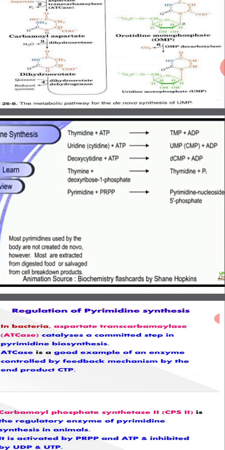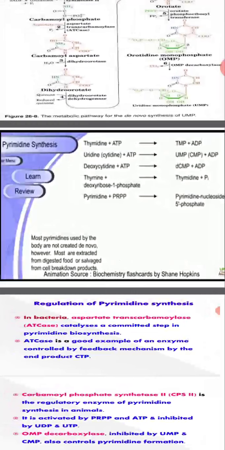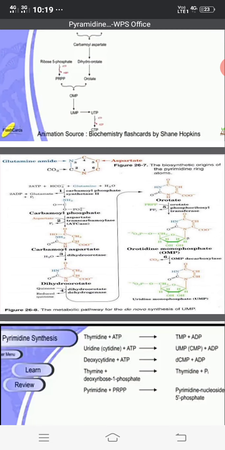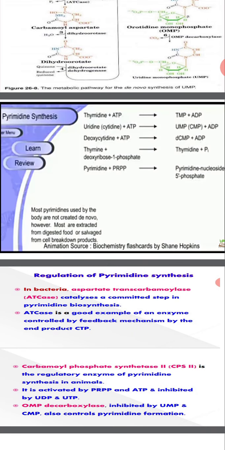Simply we are just doing phosphorylation with the help of different kinds of kinase enzymes. So this is the salvage pathway, and that pathway is the de novo pathway. Most of the pyrimidine used by our body is made through the salvage pathway.